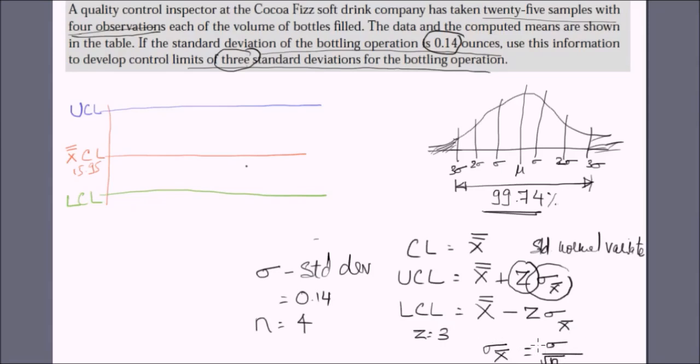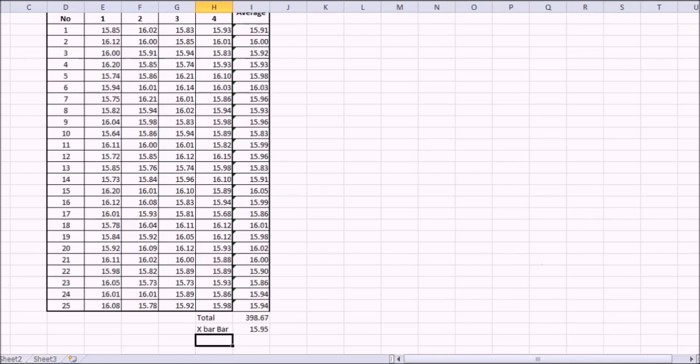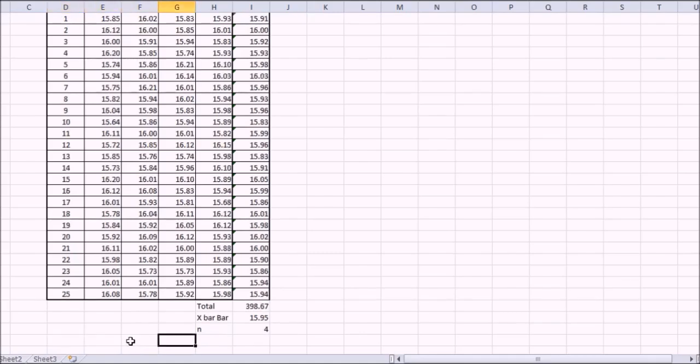Okay, so now we can go back to the Excel and calculate these values. So let me write here n. We have n equal to 4. And then we have of course this value of sigma, the standard deviation of the process, which is 0.14.